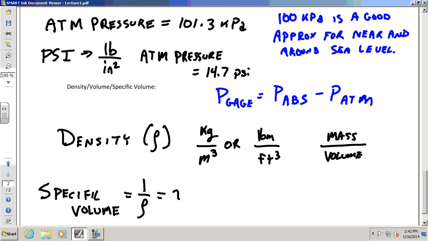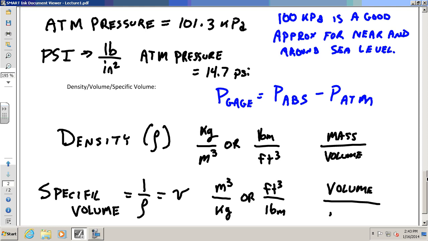We usually write it as a lowercase v. The units are meters cubed per kilogram or feet cubed per pound mass. It's volume per unit mass. We're going to use specific volume tons and tons in this class. It'll be very frequently used.